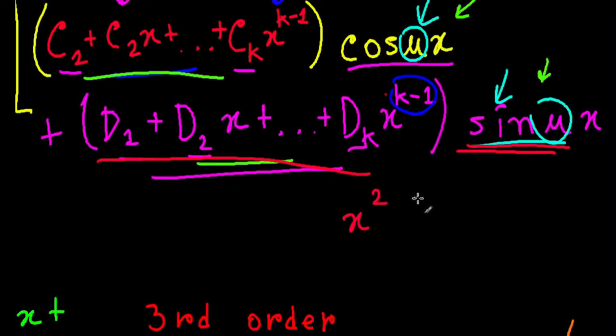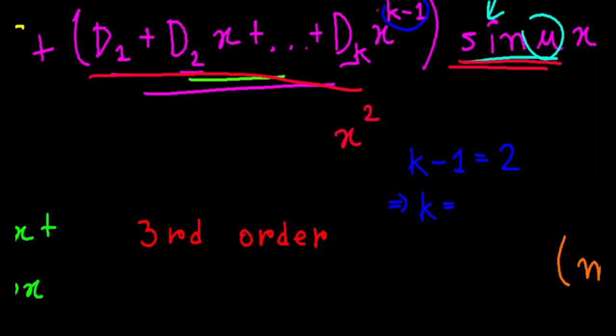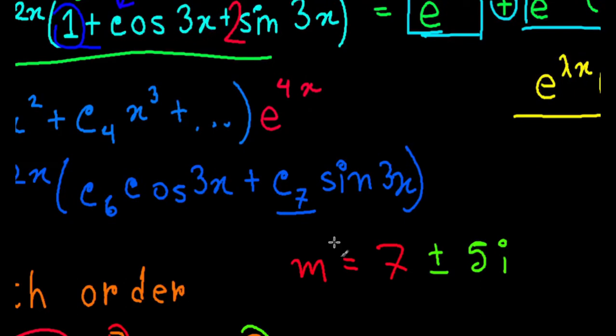So k minus 1 is 2. At the very least, each of the complex conjugate roots themselves are repeated k times, which is equal to 3, at the very least.